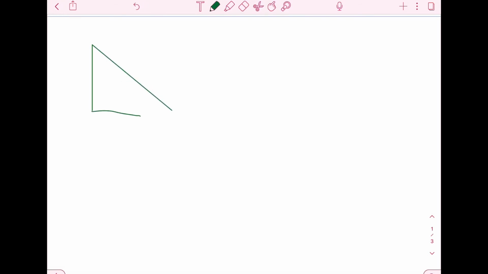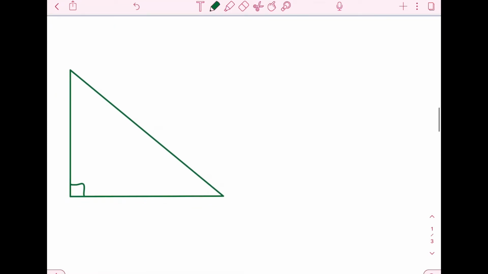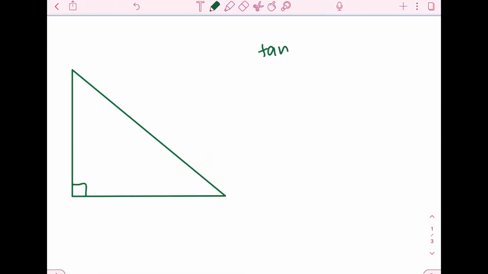Okay, so I will do another example problem, and I'll start off by drawing a right triangle, and then we will solve the problem from there. So this is our right triangle. The problem says that the tangent of theta of this right triangle is equal to 12 over 5.